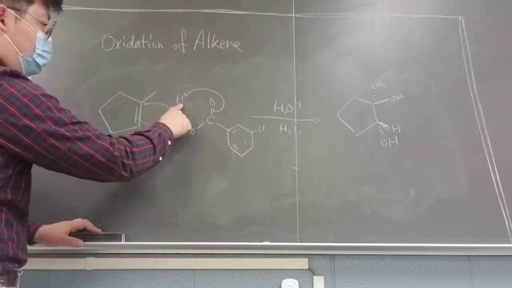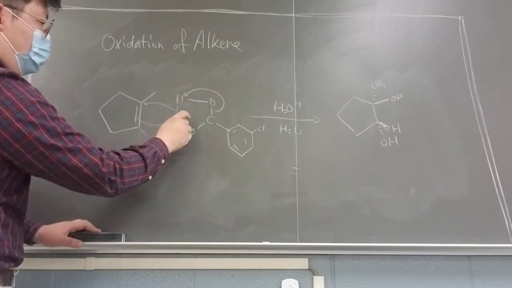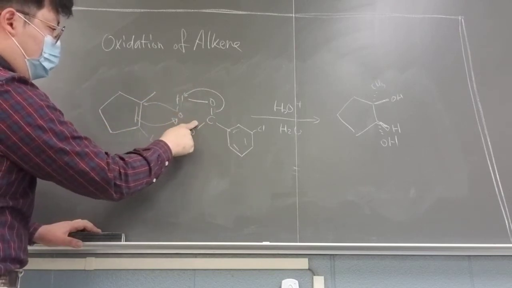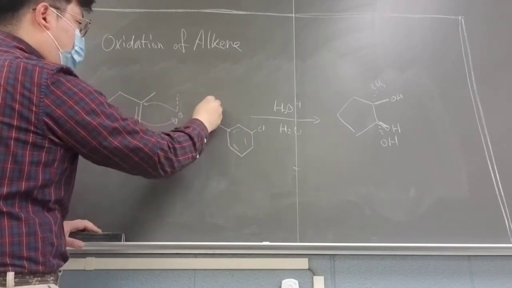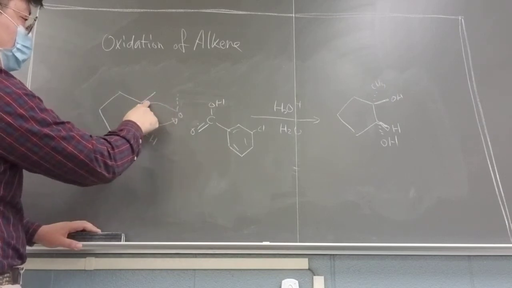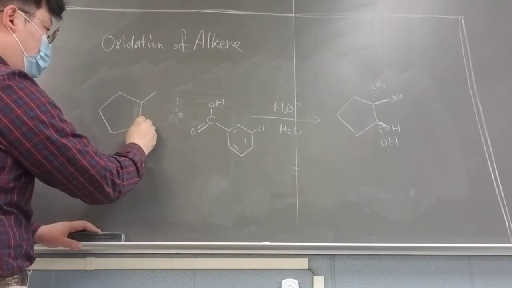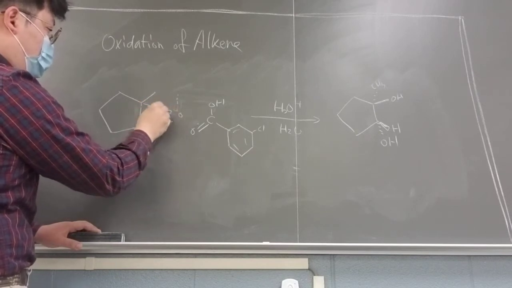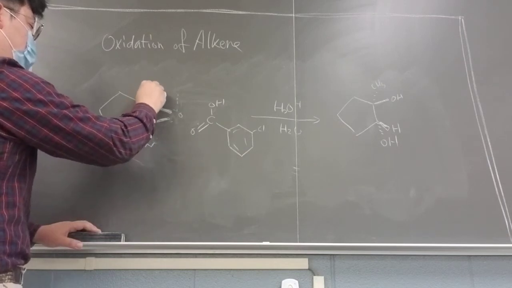So this is gone, and this is picked up by this. And now this goes to there, so this will be double bond. Okay, so they become this. But now you have this cyclic formation here, right? And double bond is gone. So they push on the back like this.